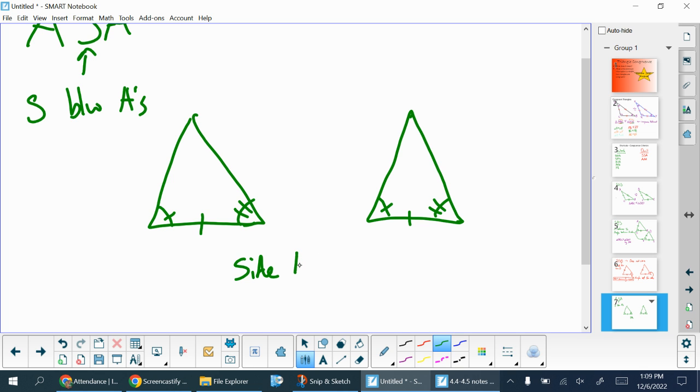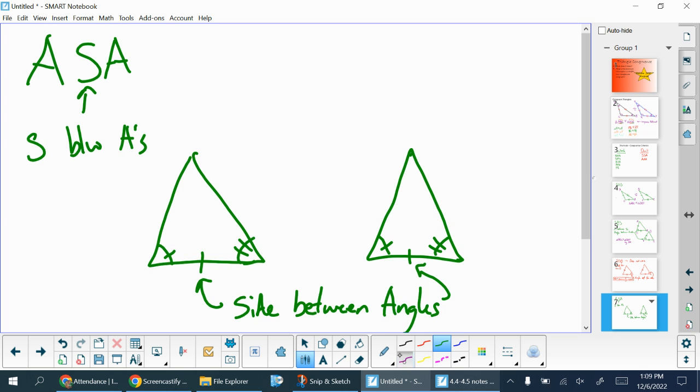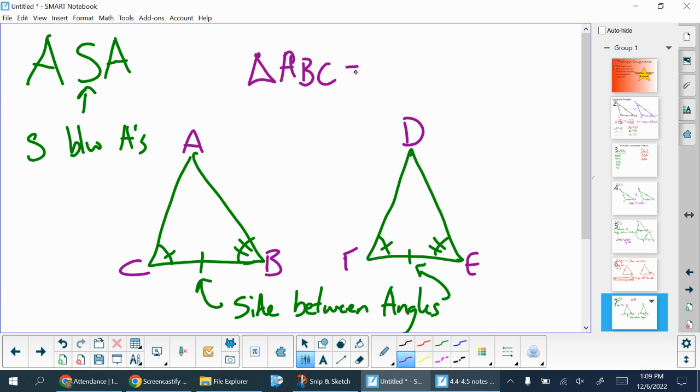Side between angles. That's ASA. And so again, I'm going to put down that this is A, B, C, and D, E, F. Because of ASA, the side between the two angles, I know that triangle ABC is congruent to triangle DEF by ASA.